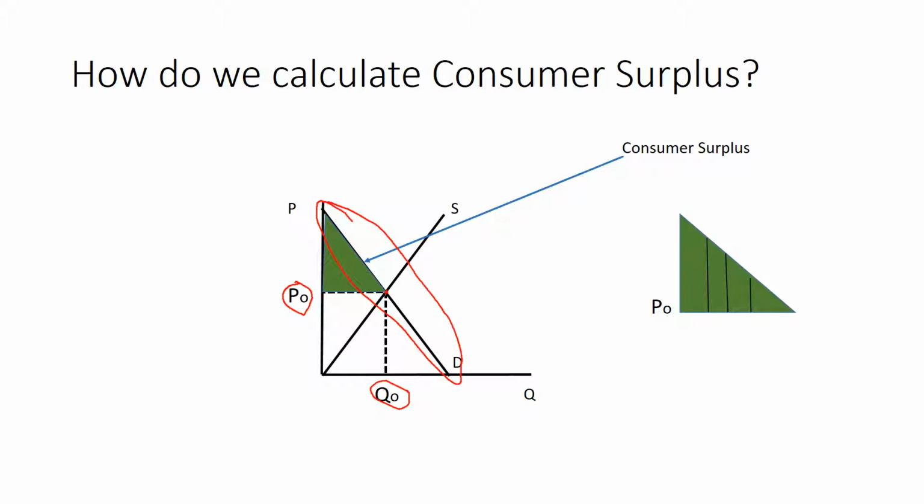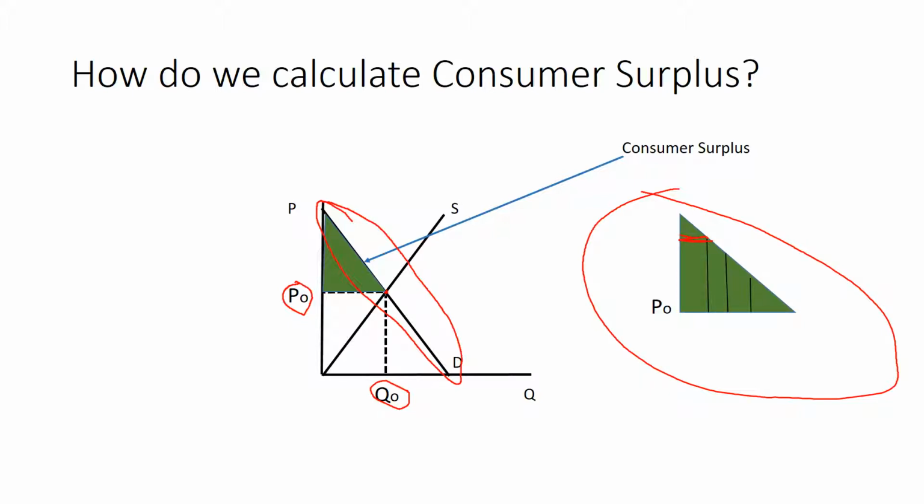Let's just talk about one individual person, and I'll go over here to illustrate this point. Let's talk about this person at this price level. Let's say this price level is $300, and this market is for a phone.